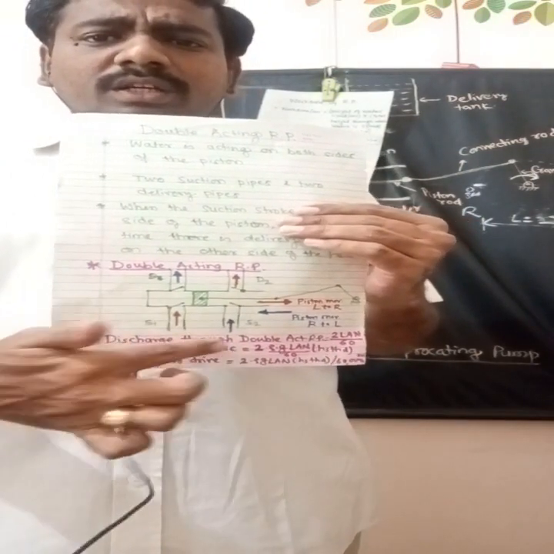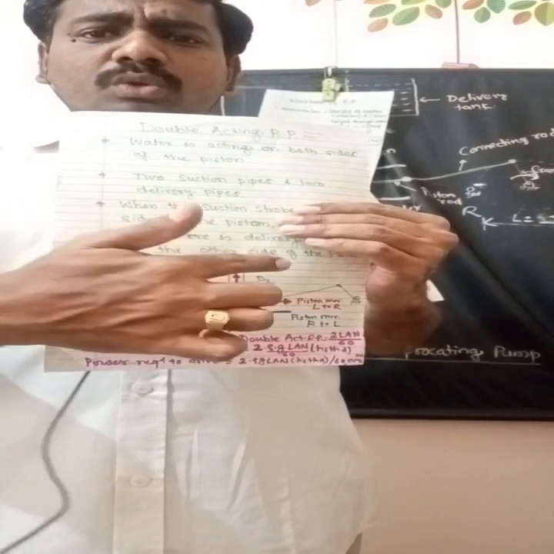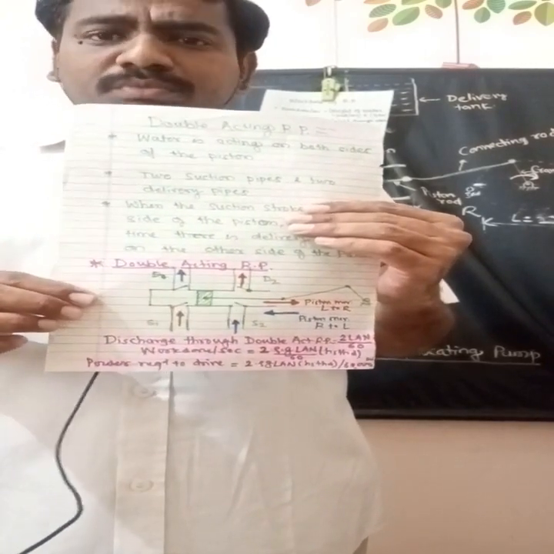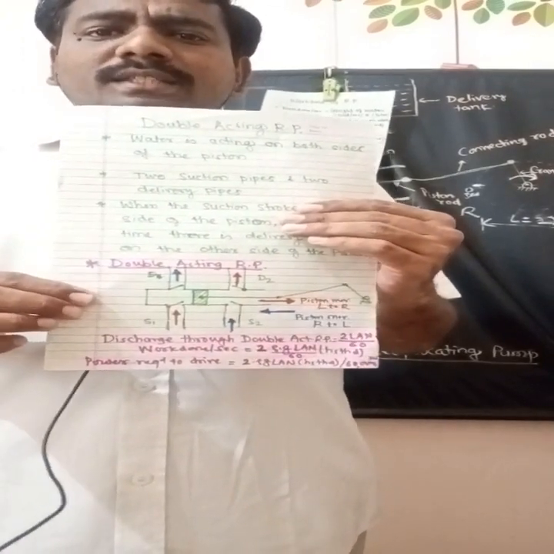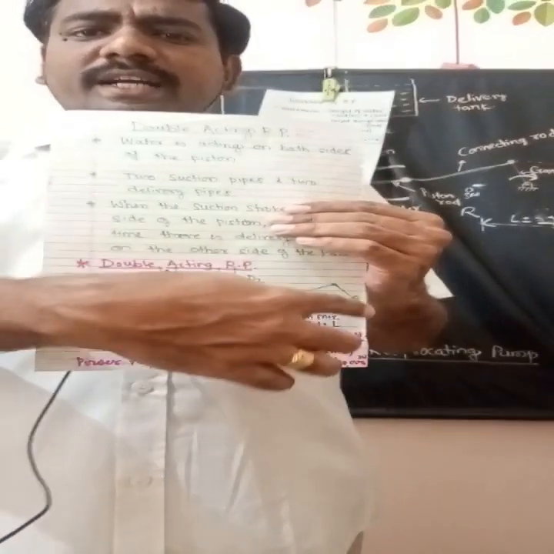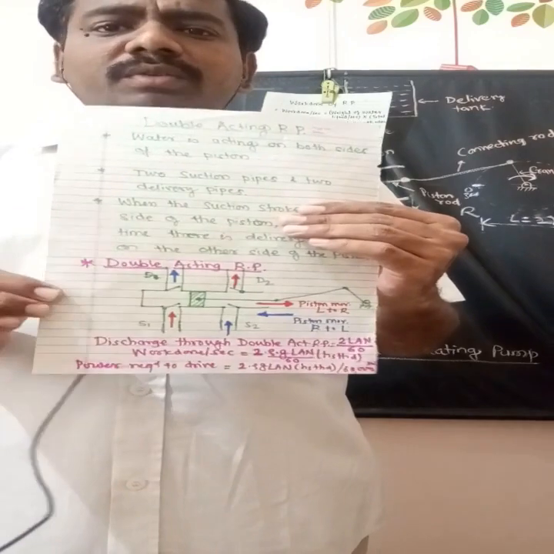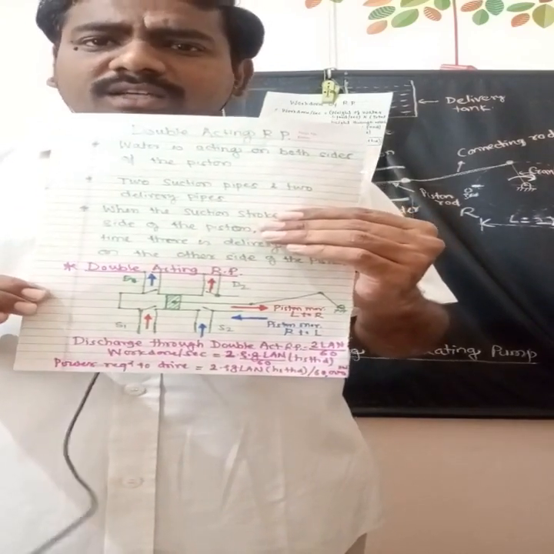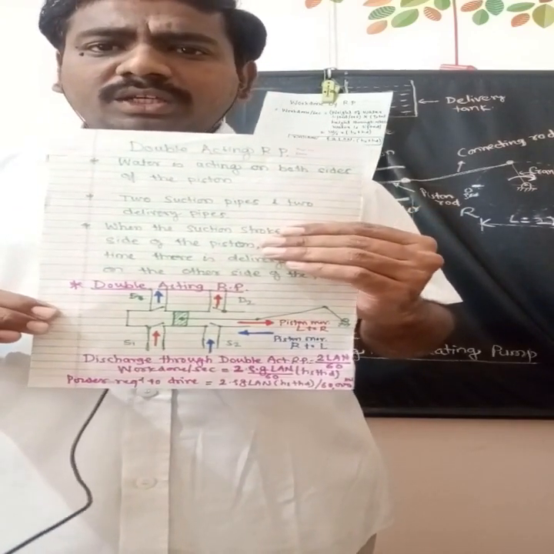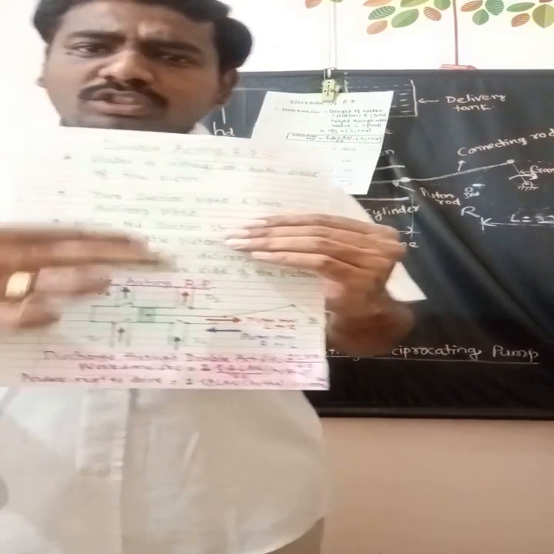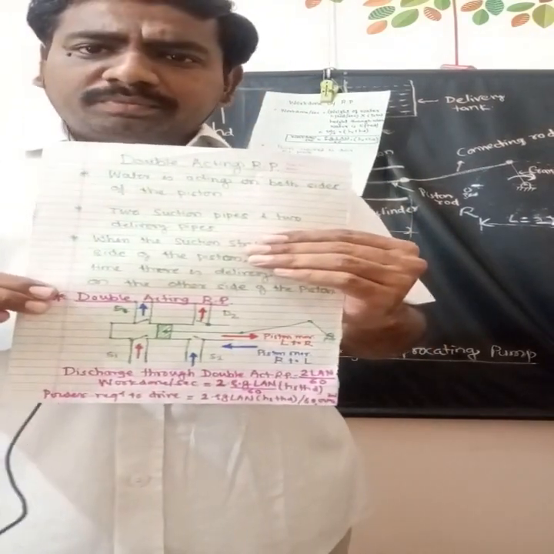We are observing here the two suction pipes S1 and S2 and two delivery pipes D1 and D2. The remaining construction, that is the slider crank mechanism, the connecting rod, the piston and the cylinder, is the same as in a single acting reciprocating pump. The only difference is that it has two suction pipes and two delivery pipes.